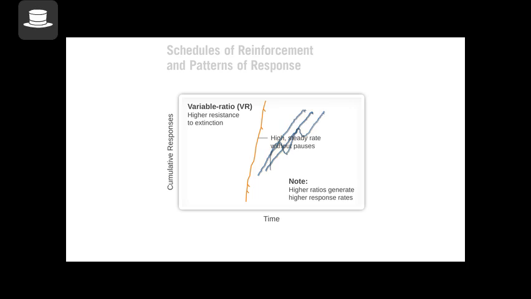However, variable ratio schedules, unlike the fixed ratio ones, have higher resistance to extinction. In other words, single or several non-reinforced instances would not lead to extinction of the response, given it's a variable ratio.